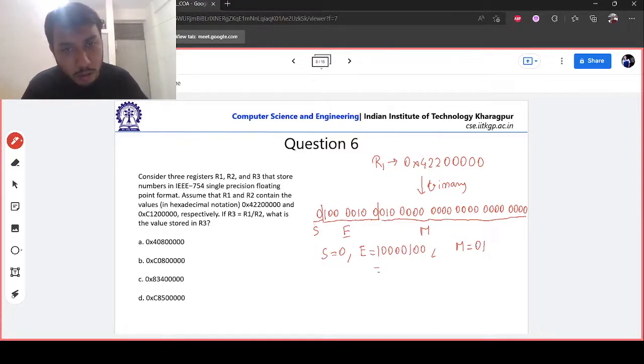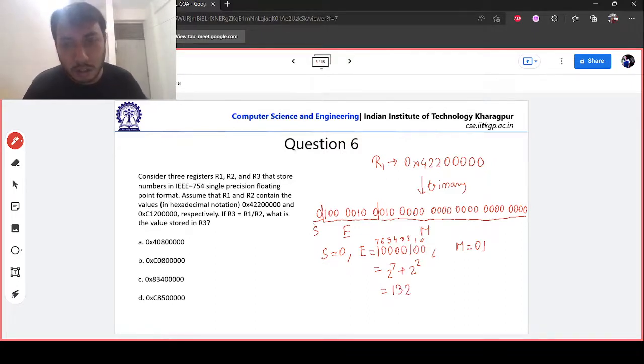So what is the E value? If we calculate, bit positions 0 to 7, that is 2 to the power of 7 plus 2 to the power of 2, that is 128 plus 4, which is 132. Right?